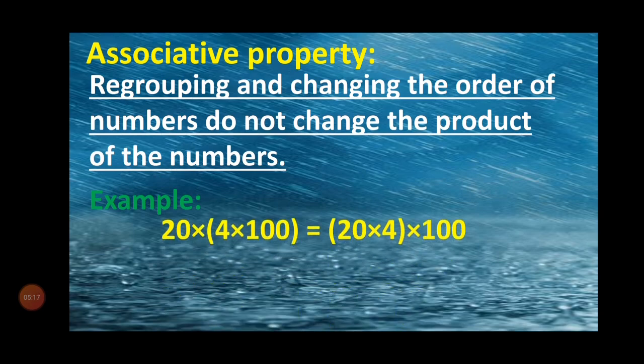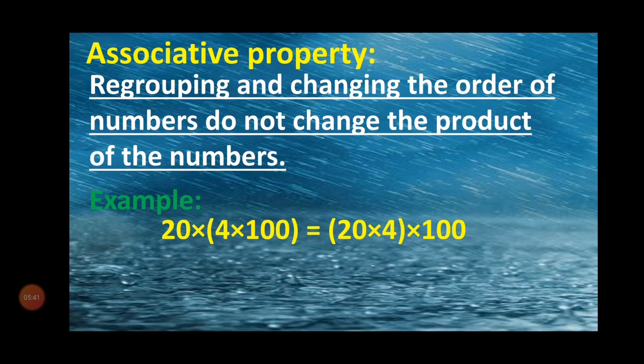20 into 4 into 100 on the left side is equal to 20 into 4 into 100 on the right. The same value, but on the left we are giving the bracket to the second and third numbers, and on the right side, the first two numbers we wrote inside the bracket.